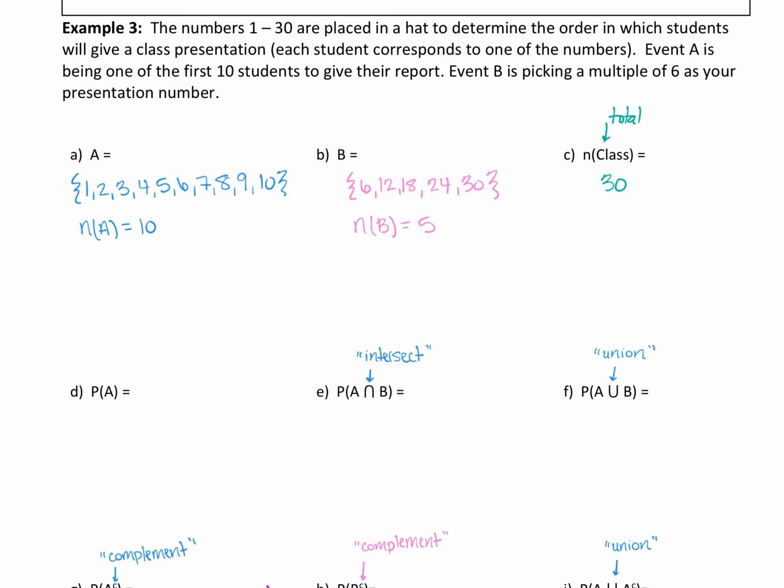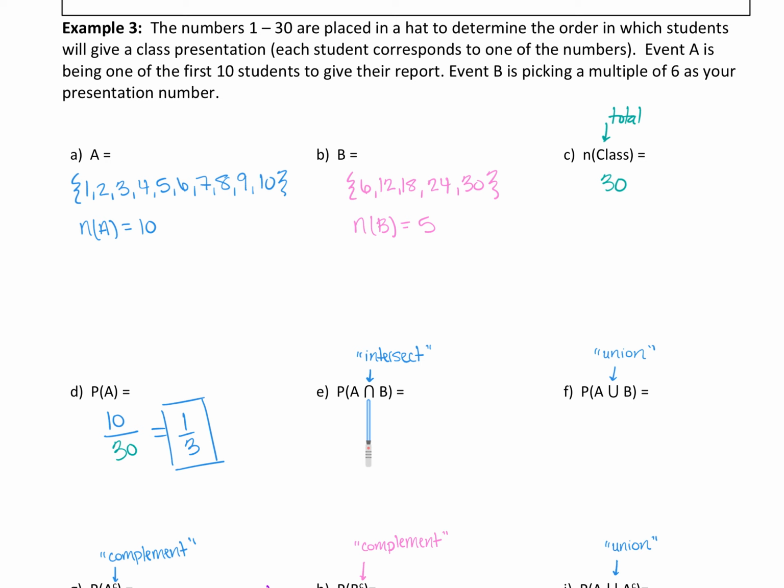So now when we talk about the probability of A, well, there's 10 elements in our set A, and it's out of 30 total. And so we simplify that to 1/3.